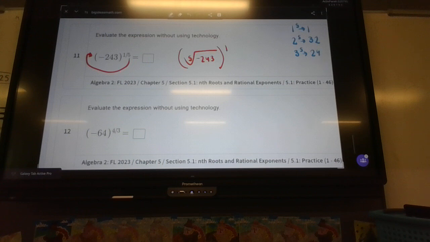But now I have to check negative. Can I get a negative 243? So I'll do negative 3 to the fifth in my calculator to see if I actually get negative 243 out. And you do. If it's an odd index, you can get a negative. So this answer is negative 3.